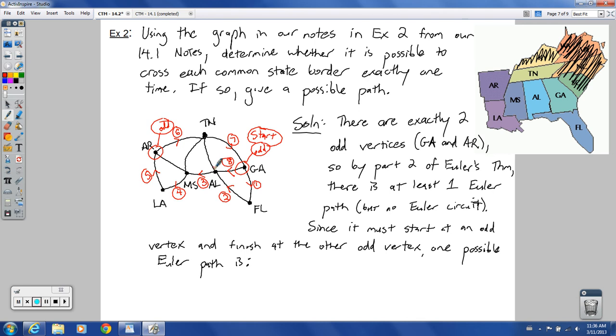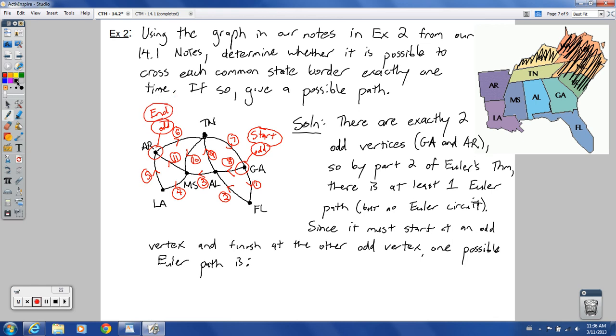So I've got 8, and then I've got 9 going back this way to Tennessee. I've already done this one, I've already done this one, so I have to go this way. This would be 10, and then this would be number 11. I've got an arrow on every single edge. That means I crossed over every edge. I crossed over every common state border, and I ended up back at Arkansas.